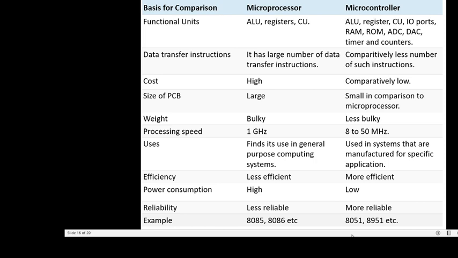Now when we talk about speed, definitely the microprocessor is faster than the microcontroller because processing of data is the main function of the processor, and in the microcontroller, controlling things is the main function.